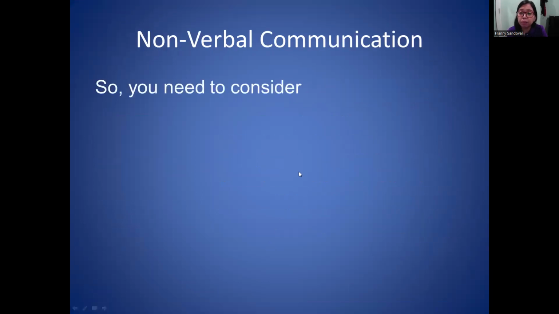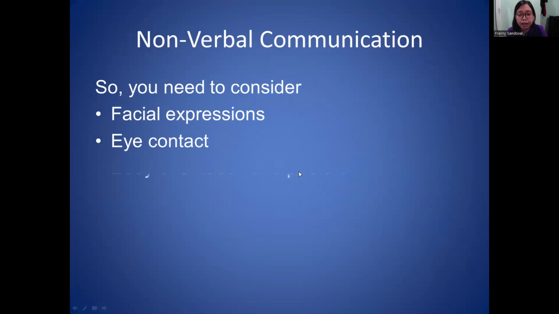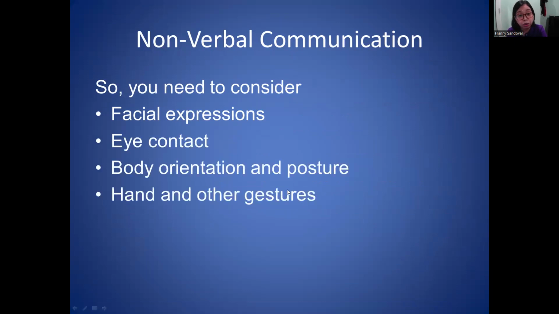In nonverbal communication, we need to consider the following: facial expressions, eye contact, body orientation and posture, hand and other gestures, and appearance.